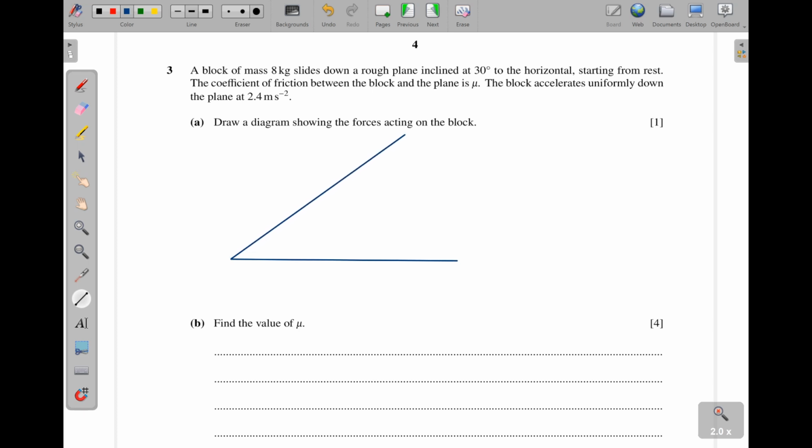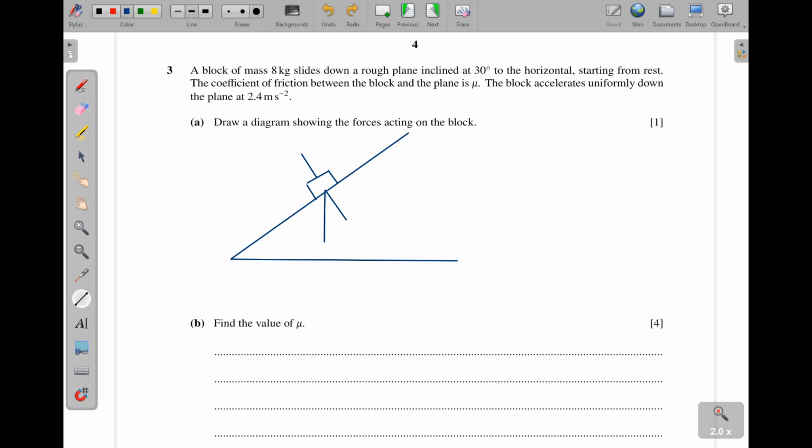So if this is my diagram here, I can put the block here, just like that. And then here I'll have the normal reaction, which is perpendicular to the plane. Then here I have the weight.